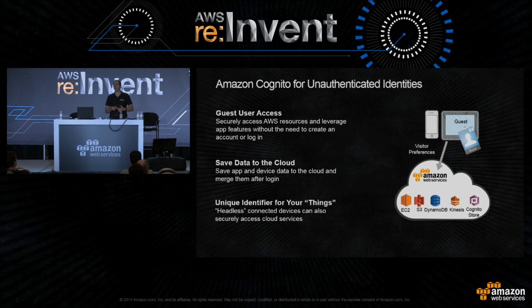So Cognito will be able to not only authenticate you with your Amazon account or your Facebook or your Google Plus account, but depending on the application and depending on the game, sometimes users don't want to use their Facebook account or their Google Plus account. So Cognito allows you to have unauthenticated users, right?